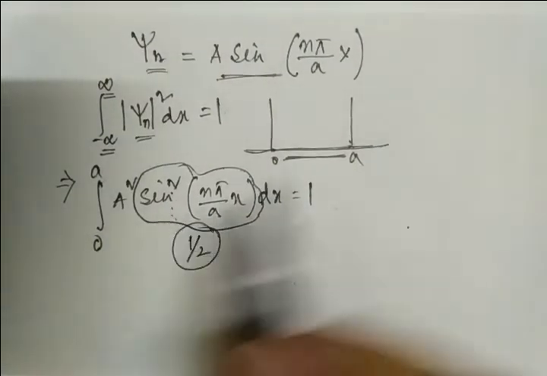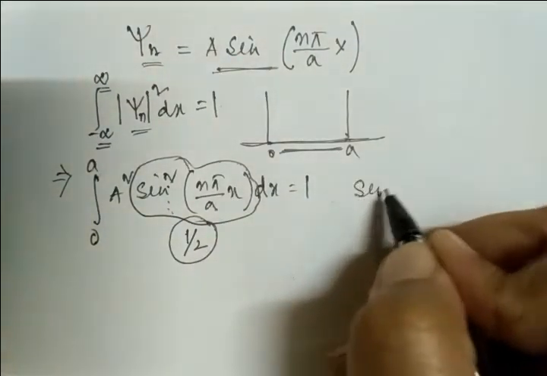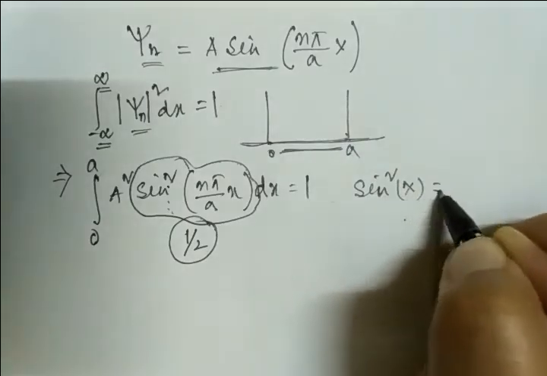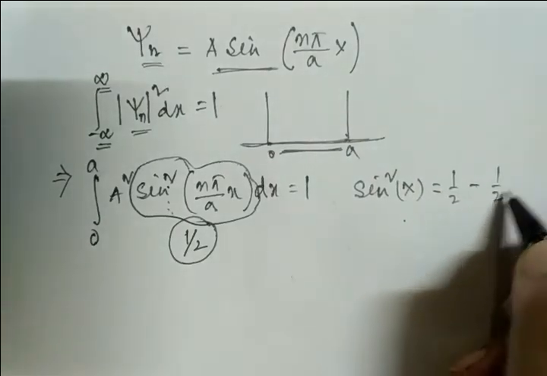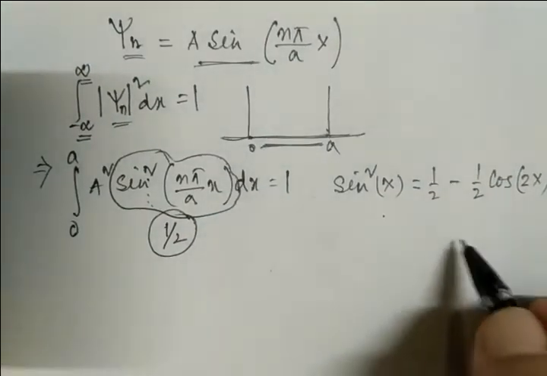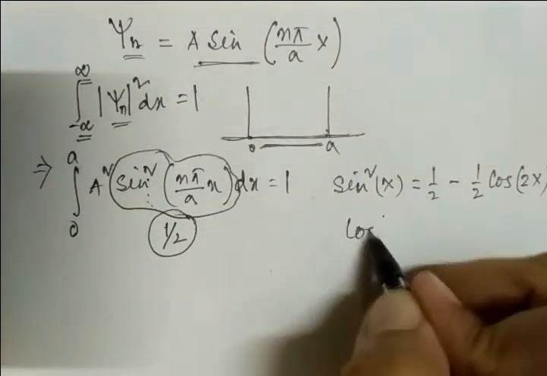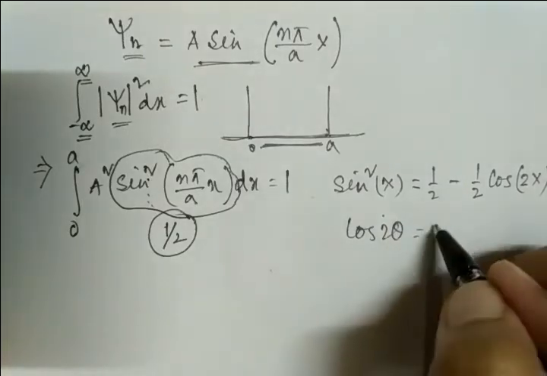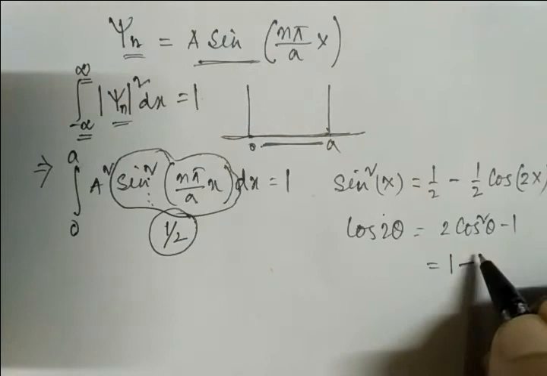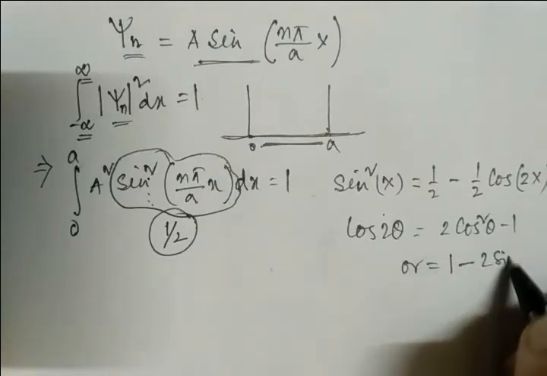Because if we expand this portion, sine squared x equals half minus half of cos 2x. Why is it coming? Very simple, because we all know the formula of cos 2 theta. Cos 2 theta means 2 cos squared theta minus 1, or 1 minus 2 sine squared theta.